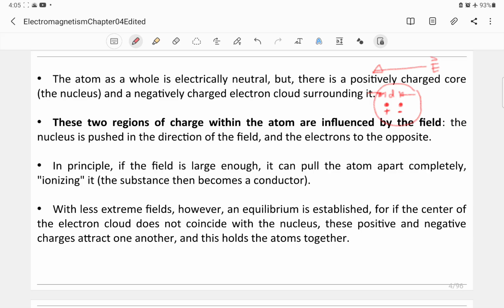But with not so strong fields, less extreme fields, an equilibrium is established for these atoms just by separating the positive and negative charges. Their separation causes a force which attracts the positive and negative concentrations of charges, and this holds the atom together with stability.